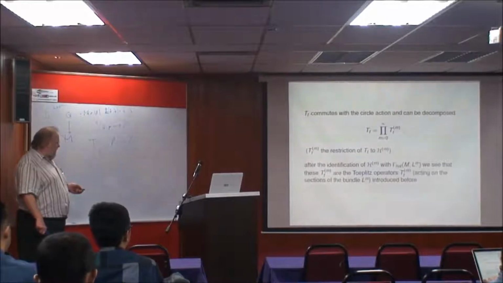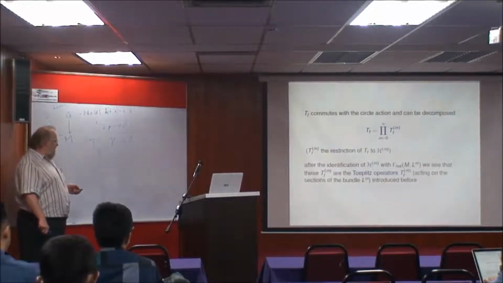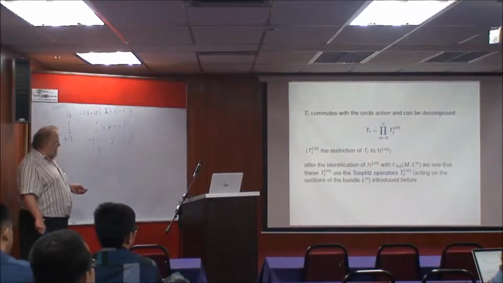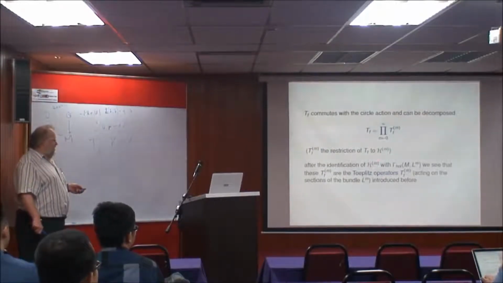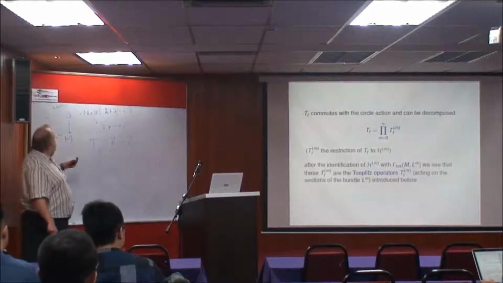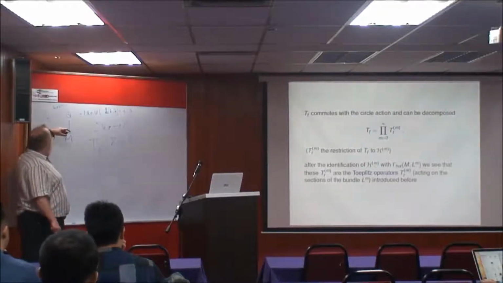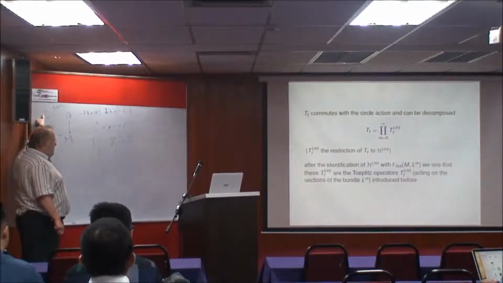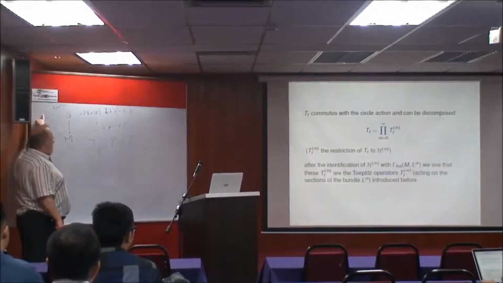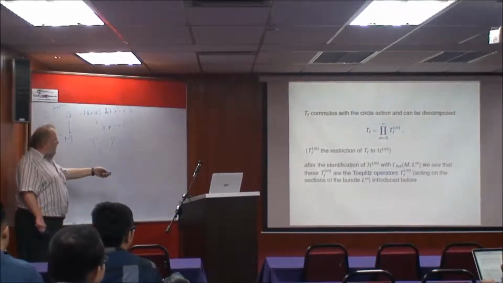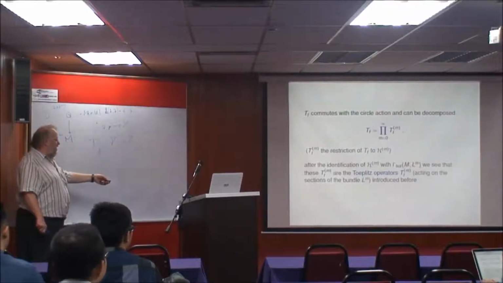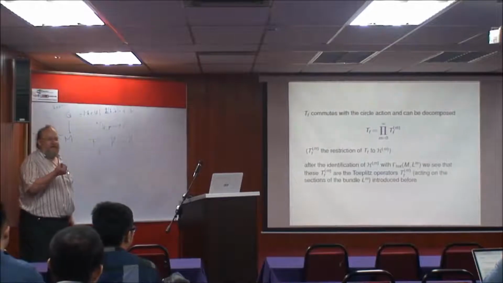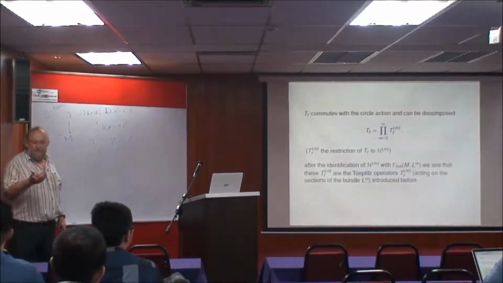But let me repeat the basic fact. We can identify this space H_m, the holomorphic m-homogeneous functions on B, with the holomorphic sections of the m-th tensor power of the bundle L. These are our primary objects of interest.